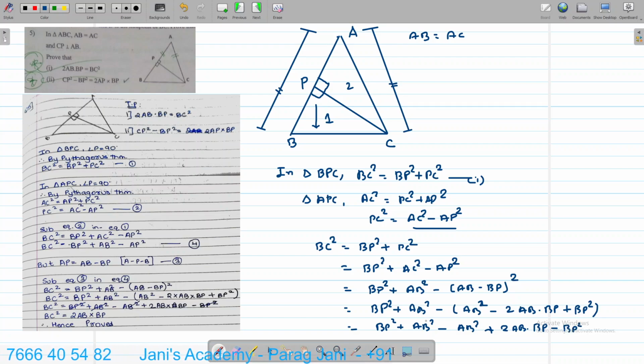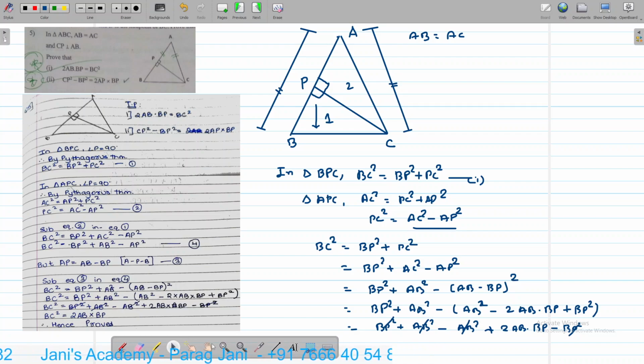If you see here, AB square cut, BP square also cut. So now you are left with what? BC square is equal to 2AB dot BP. Okay, which is what you are looking for. It has been proved, hence proved. So you have to just practice. Okay, if you do it a couple of times you can figure it out very easily.